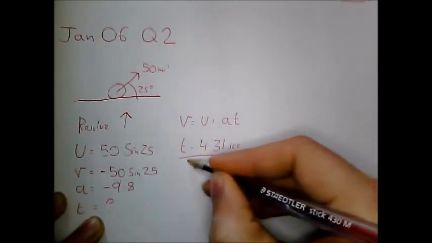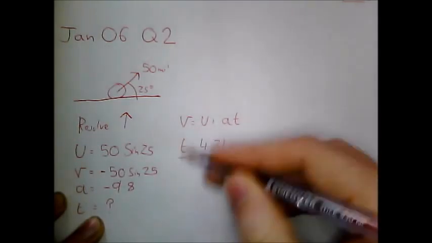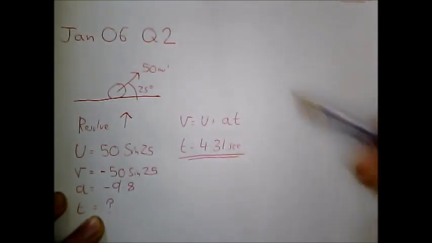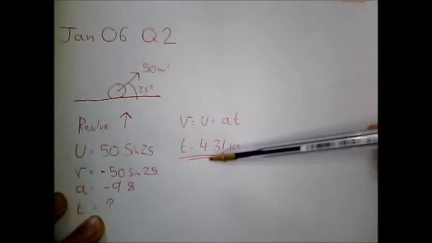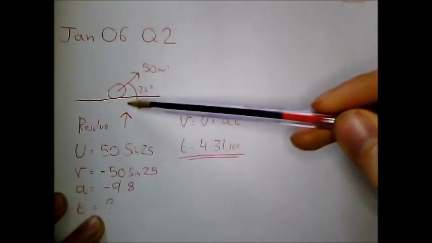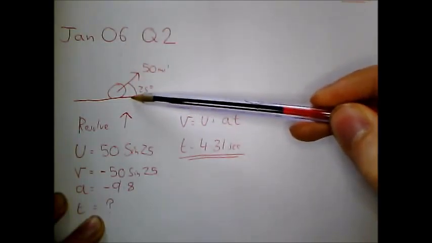Okay, you might want to do it to a bit more accuracy for this stage because I'm going to be using this time. Okay, so now we know it's going to take 4.31 seconds to 3 significant figures to go up and then down and hit the ground again.